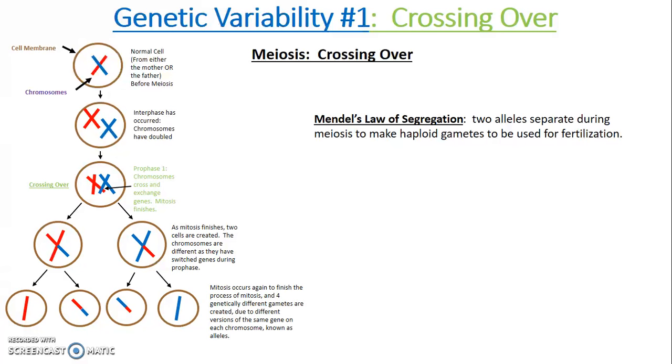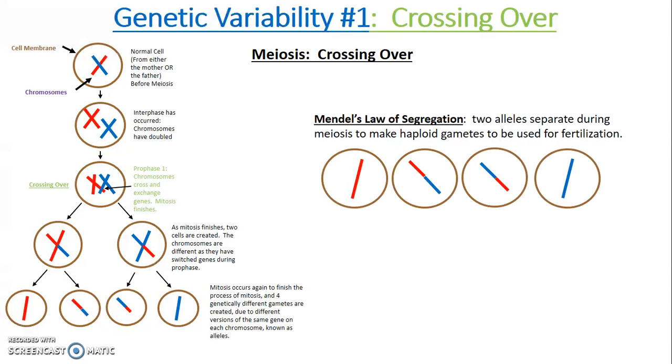And so all this law is saying is that there were alleles, so an allele for brown eye color and an allele for blue eye color, and they got separated so that each gamete down here either has an allele for blue or has an allele for brown. And so those alleles got separated to make haploid gametes that can now be used for fertilization.